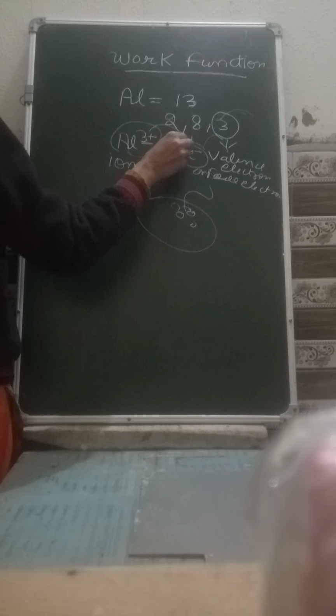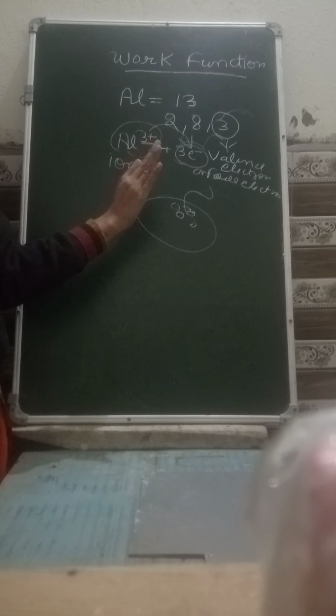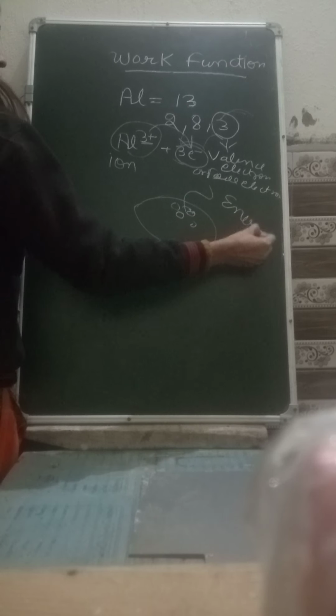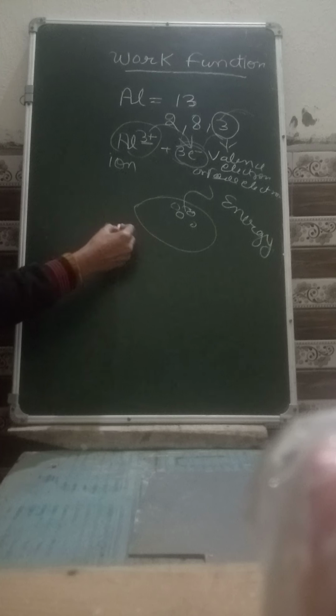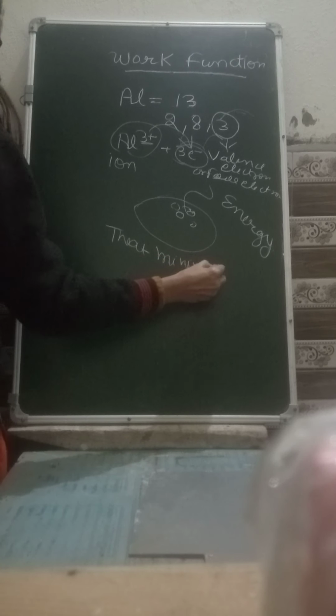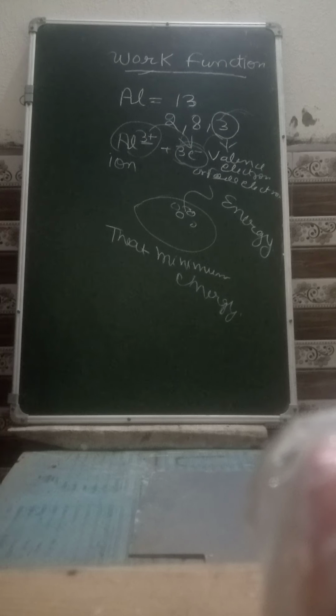So in order to remove these 3 electrons, or the valence electrons of any other metal, we require some energy. That minimum energy is termed the work function.